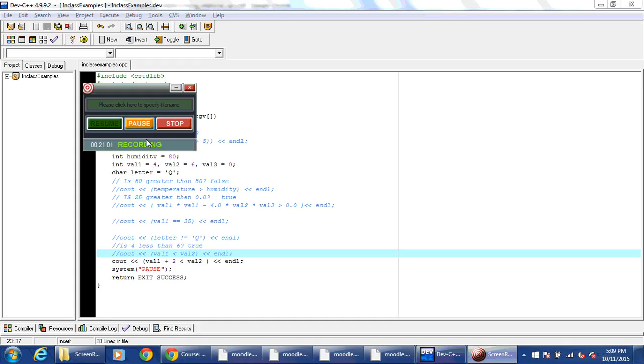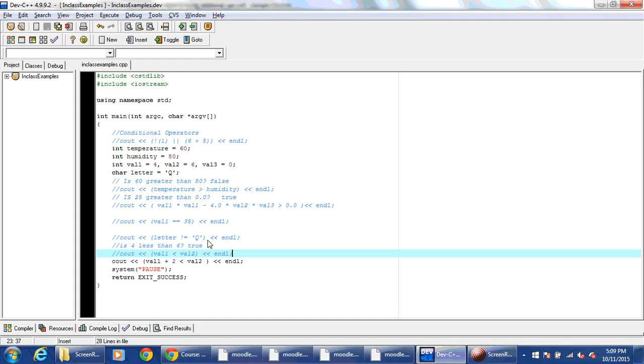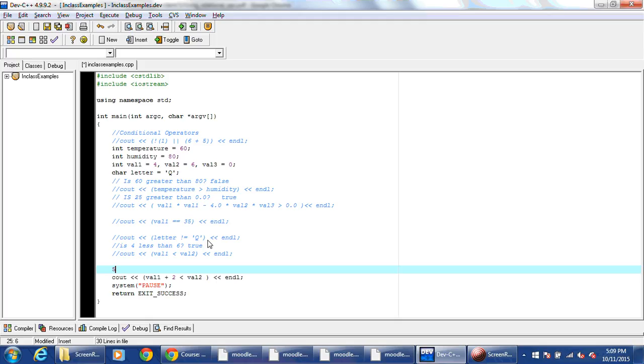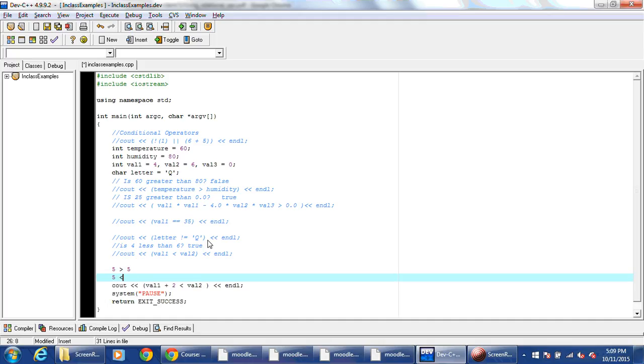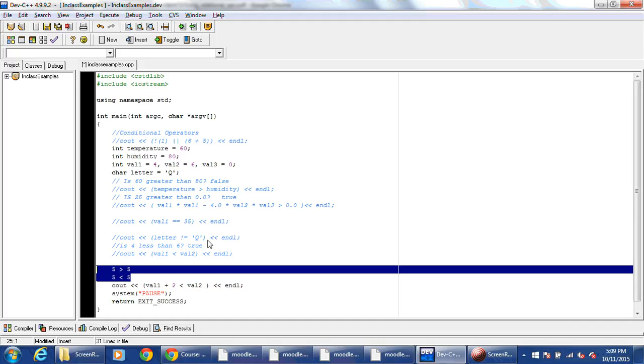So as I was saying, if you have two numbers exactly the same and you're using a less than relational operator or a greater than relational operator, for example, if I do 5 is greater than 5, that's going to return false. Either way. So if I do 5 less than 5, that's also going to return false.